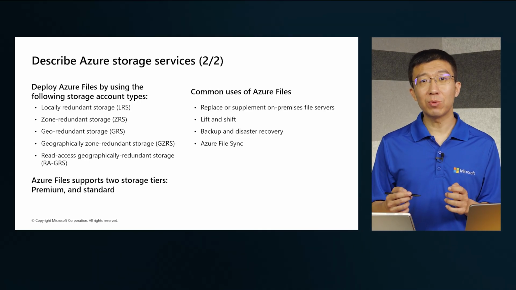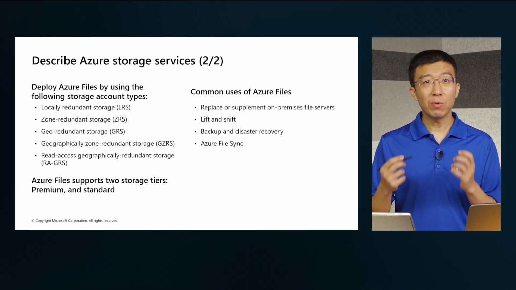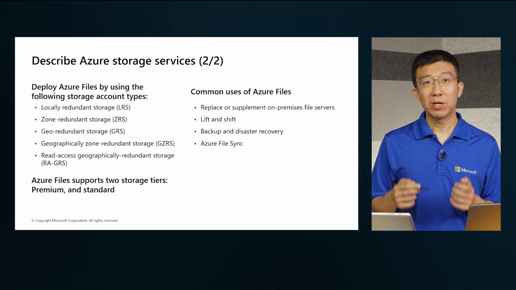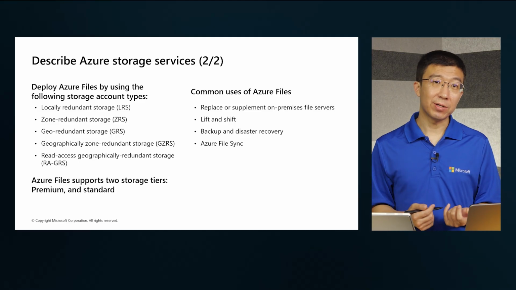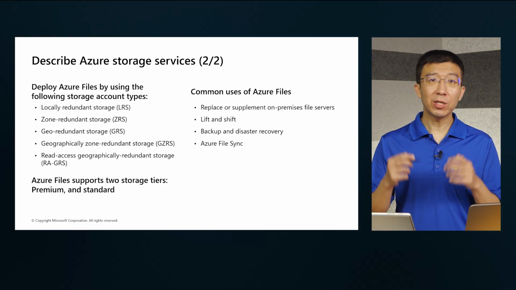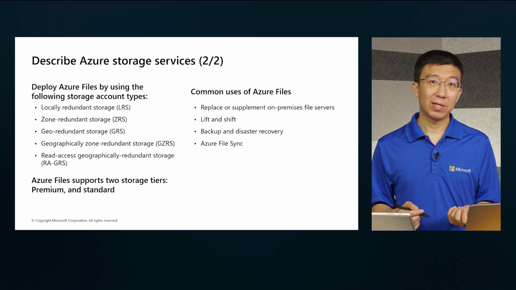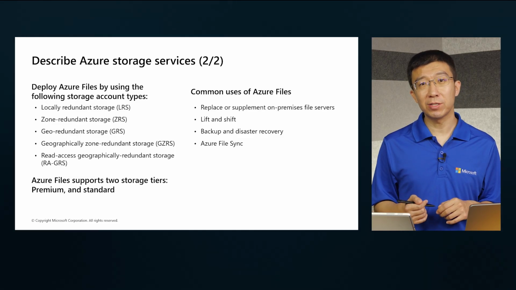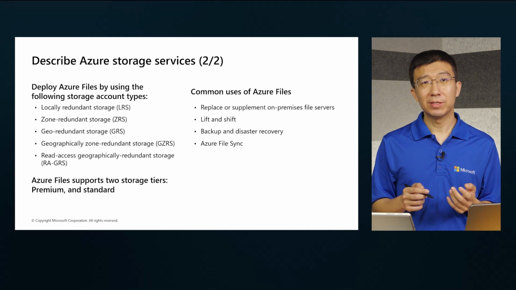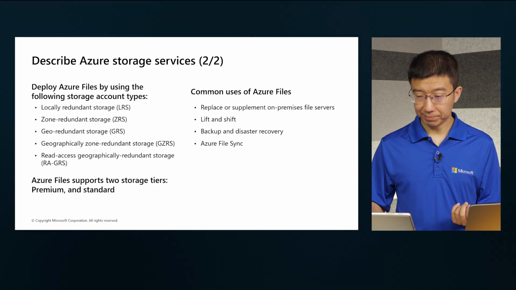Read access geo-redundant, RA-GRS. There are two storage tiers, Premium and Standard. Common uses include replacing on-prem file servers, lift and shift migrations, backup, disaster recovery, and Azure File Sync.